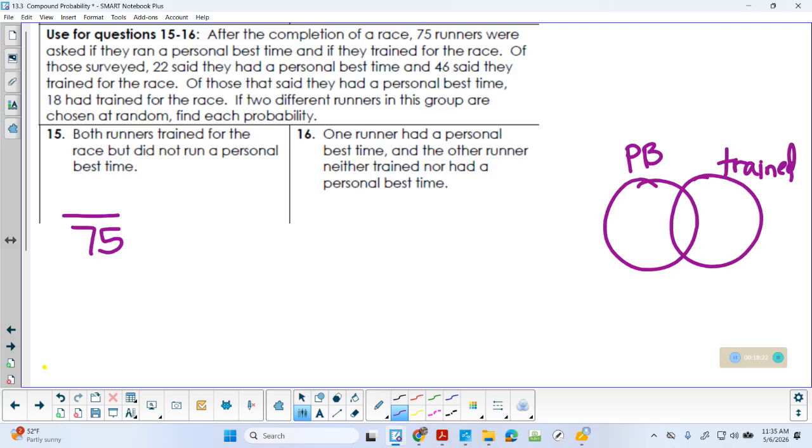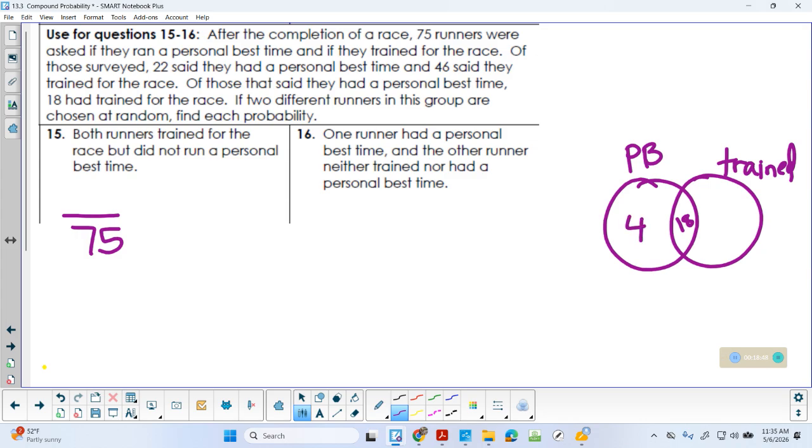It says of those that had a personal best, 18 trained. So I know I've got 18 in the overlap. Okay, I like that, that helps. Now, it also says of those surveyed, 22 had a personal best. Well, if I already have 18 in the personal best, how many is left for the personal best circle? Well, there's 22.